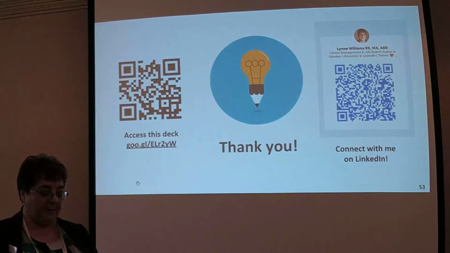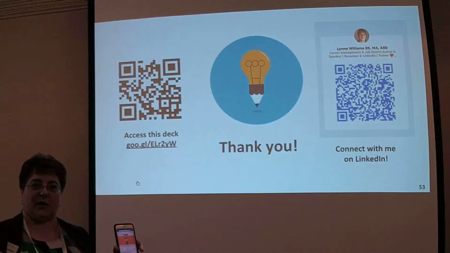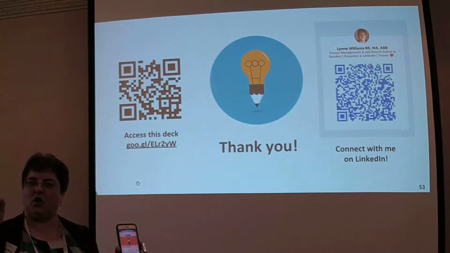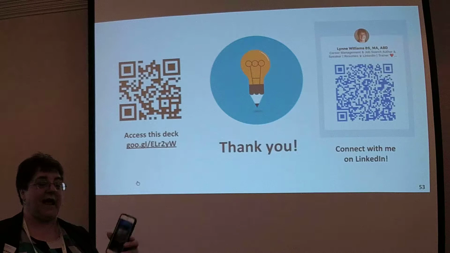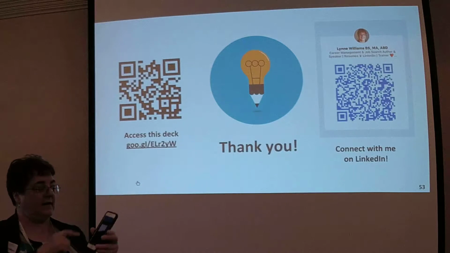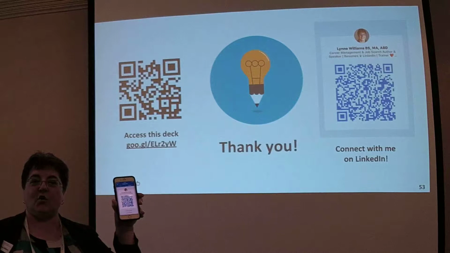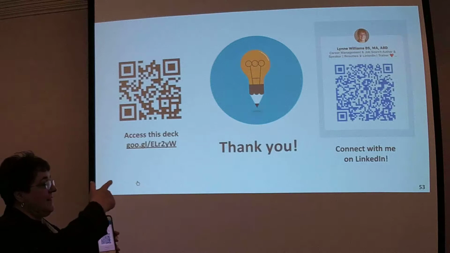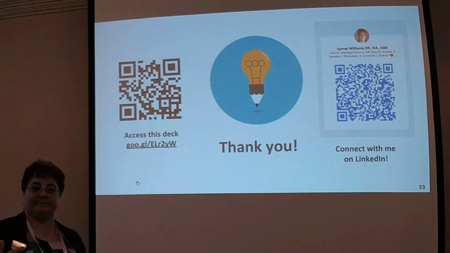So you want to pull up your LinkedIn app, and then at the top, you see the search bar, and there's 4 little gray square type things. You want to tap that, and what's going to happen is one says scan, and the other says my code. So you can scan from LinkedIn, hopefully my code, and it'll pull my profile up.